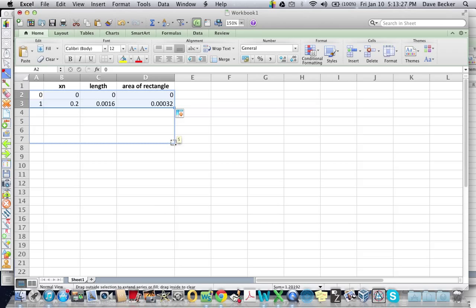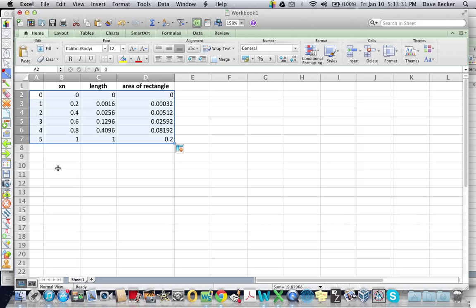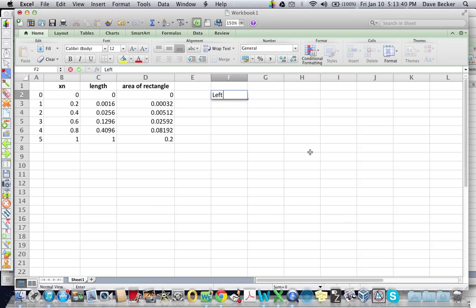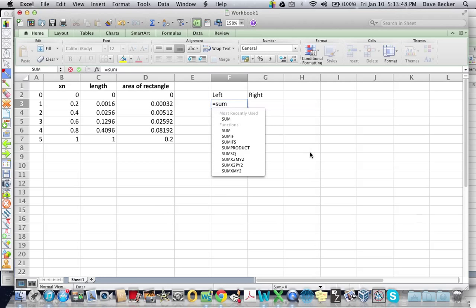So I'm going to have to go to, let's see, 1, 2, 3, down to there. And here I have my 5 rectangles. Actually, I have 6. So let's think about the sum using left-handed rectangles, and then right. Back to left. Well, that's going to equal the sum from the first 5 rectangles. 1, 2, 3, 4, 5.